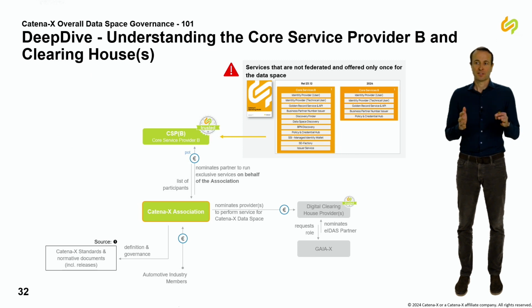How does it start? The Catena-X Association, and we talked about that before. If you go to the lower left, you see we have this box with the black surrounding. It says source. This is where our standards and normative documents are, all in this picture. The Catena-X Association is the only one who has an arrow, who can define and has the overall governance over those standards and documents. That's the key.